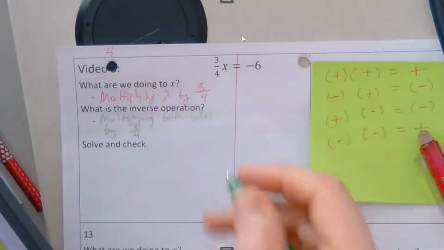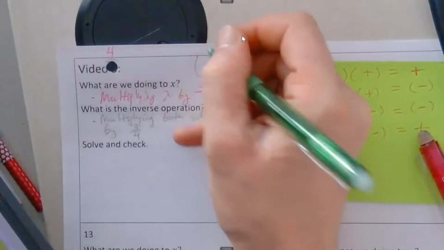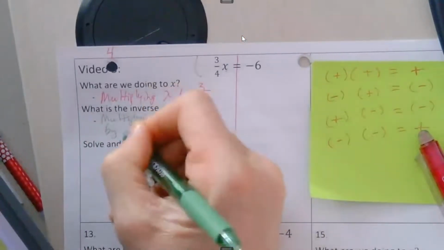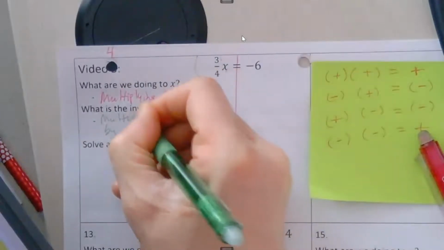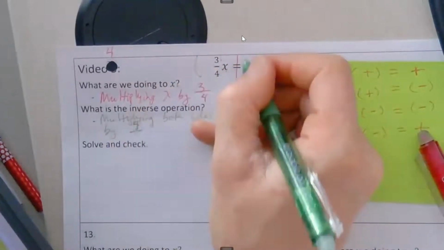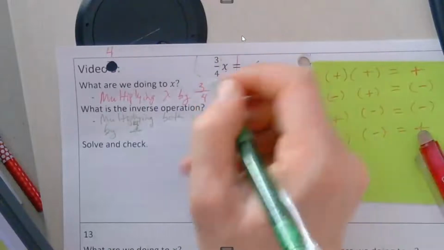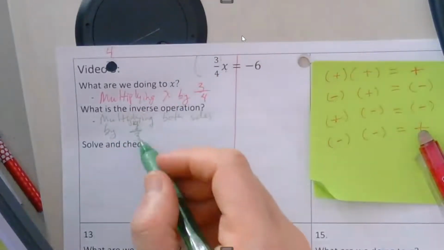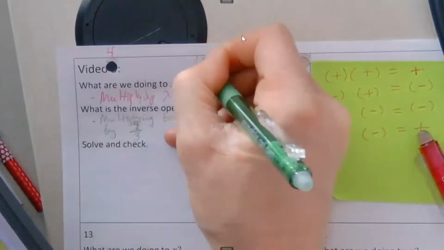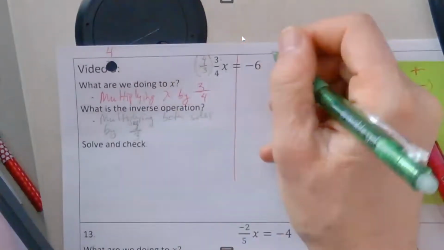Okay, we're going to multiply both sides. I didn't say this correctly, sorry. Flip the fraction over. 4 in the numerator, 4 goes up. 3 goes down, 4/3. Multiply both sides by 4/3. Sorry about that.